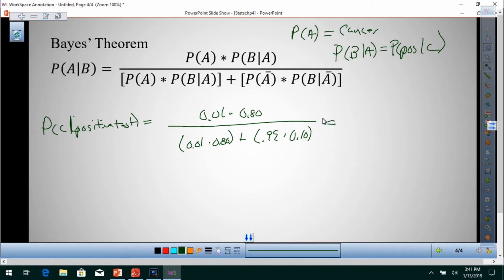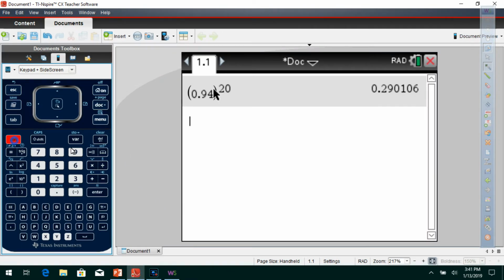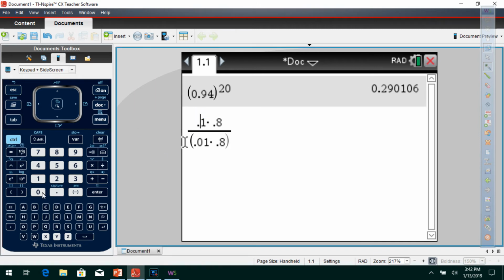Let's try that. Let's put that in the calculator. So we've got 0.1 times 0.8 over, in open parentheses, 0.01 times 0.8. I've got to go up here and put a 0 in there. I'm about to mess that up.